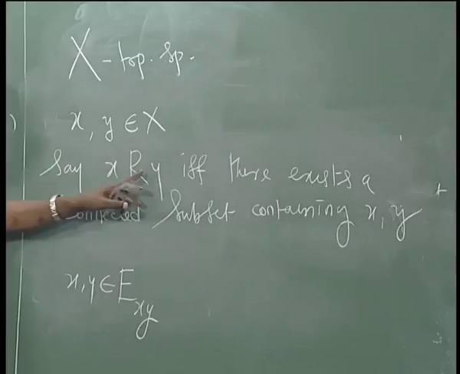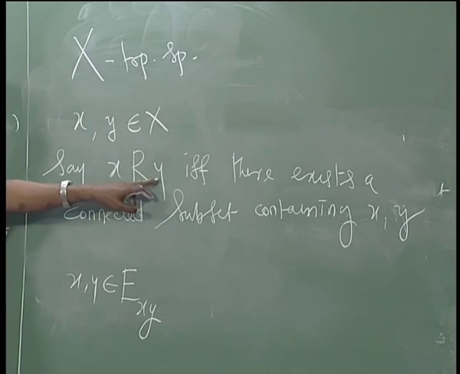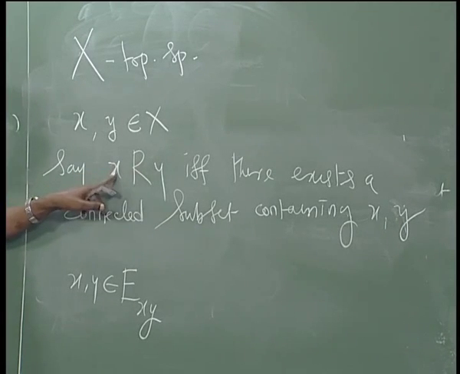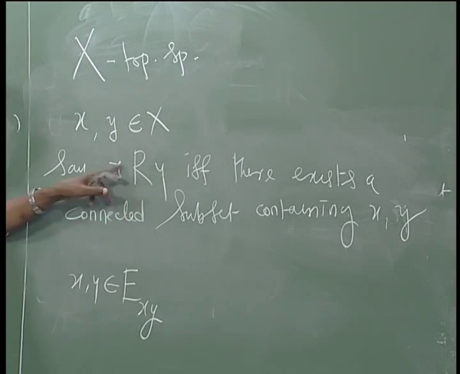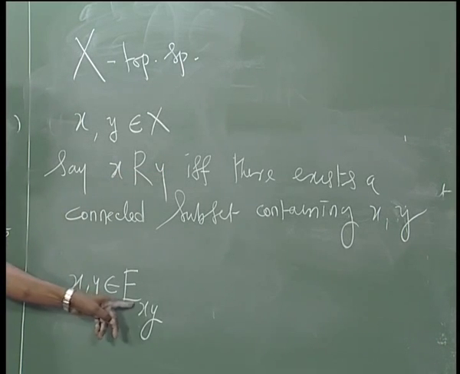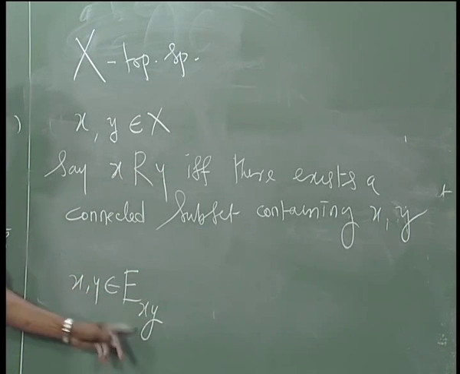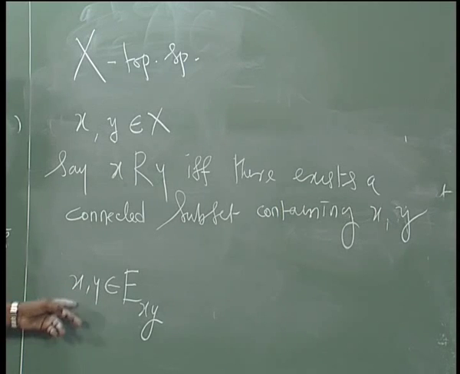We can prove that this is an equivalence relation. Like x is related to x, because the singleton x is a connected set containing x and x. If x is related to y, there is a connected set containing x, y, which also contains y, x.